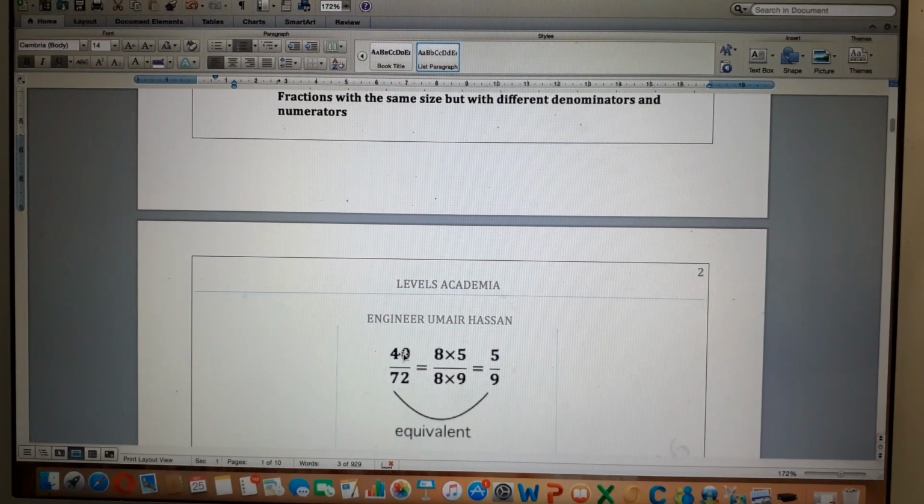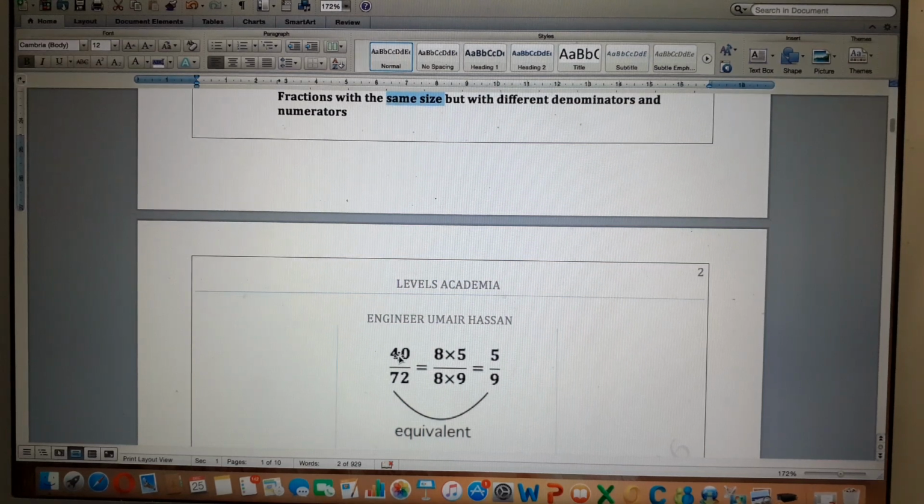They both have different numerators. Here you have 40 in the numerator, here we have 5, here we have 72 in the denominator, and here we have 9. So we have different numerators and different denominators. However, their size is the same, as we have mentioned here, same size.